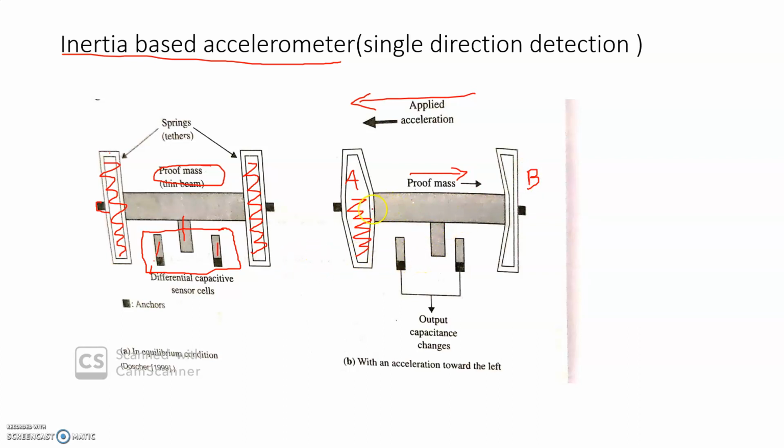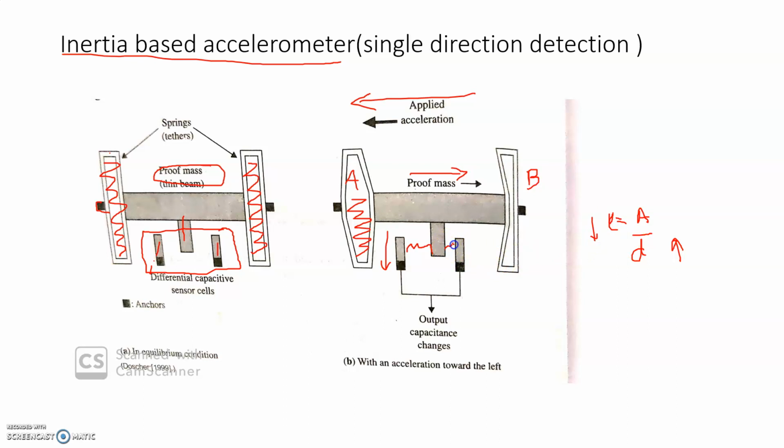When we have a stretching from A to B, there will be an increase in distance between these two metal plates, and this causes a reduction in capacitance. As we know, the output is related to A by d. If d is increasing, the capacitance gets reduced.